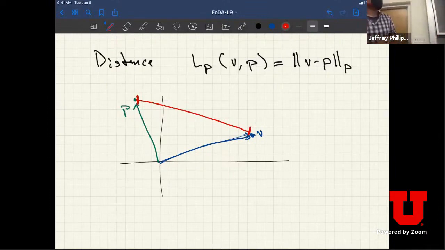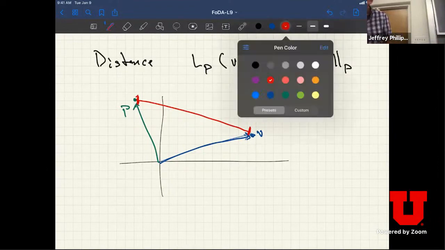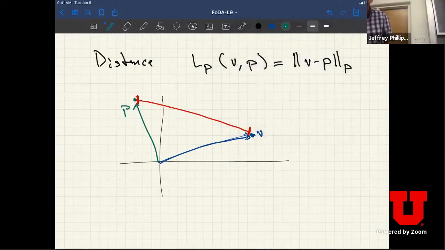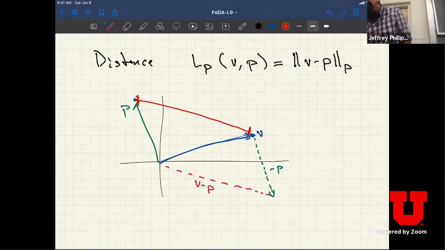Well, if I subtract P from V, remember I can add vectors by just stringing them together. So I'm going to take this guy and go back the other direction. Instead of subtraction, this is minus P, this minus P vector from V. And what should be left here is V minus P, this vector here.